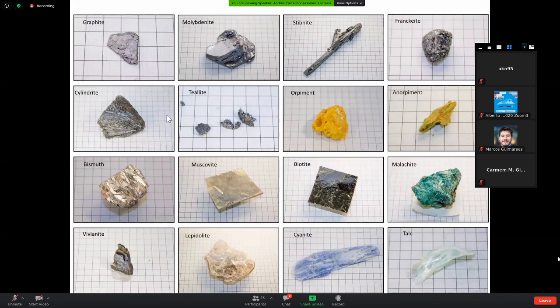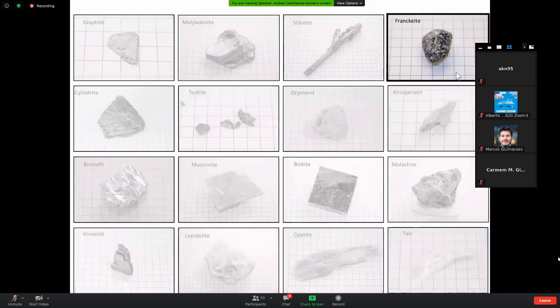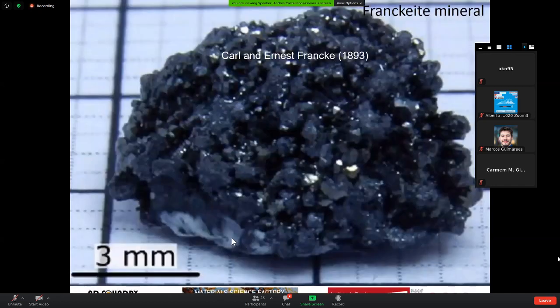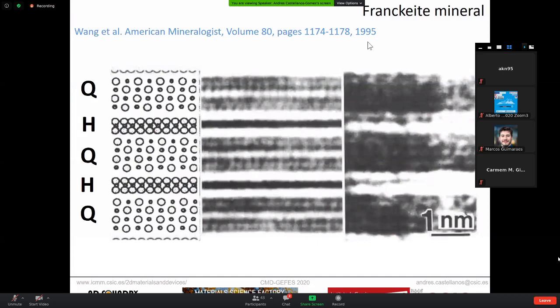Okay, so all these materials are layered compounds, and out of them we got interested in frankeite, because frankeite, well, it's a relatively new mineral, but already from the 90s it was known that this mineral had a structural composition of alternating layers. So a pseudo-tetragonal layer, quasi-cubic let's say, then a pseudo-hexagonal layer, pseudo-tetragonal, pseudo-hexagonal.